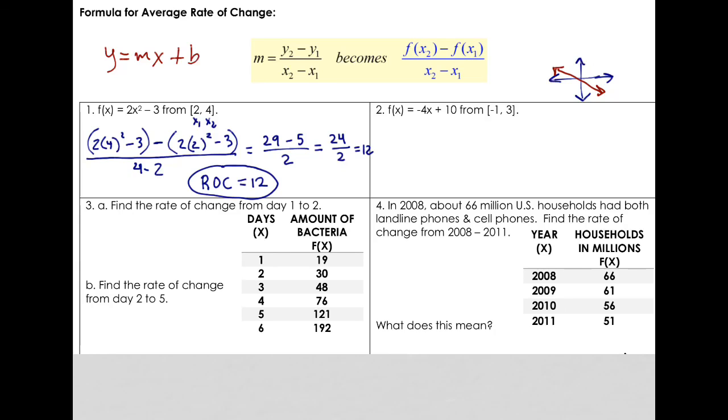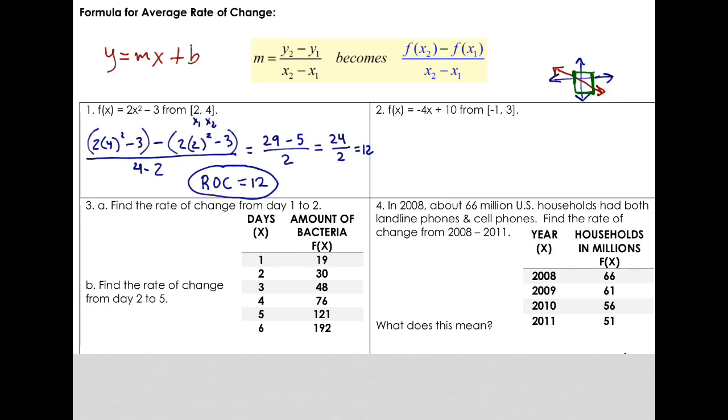Then -1 would be right there, and 3 would be about right here. Now I'm going to box that in. It wants to know how fast this section in here is going down. That's what we're doing. From -1 to 3, what's the rate or the slope for this area of the line right there? That is all we are doing.